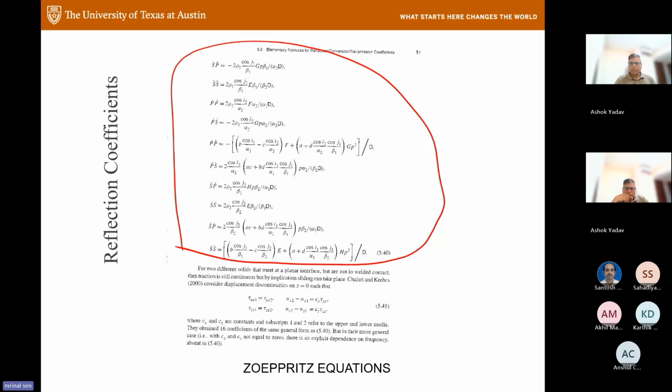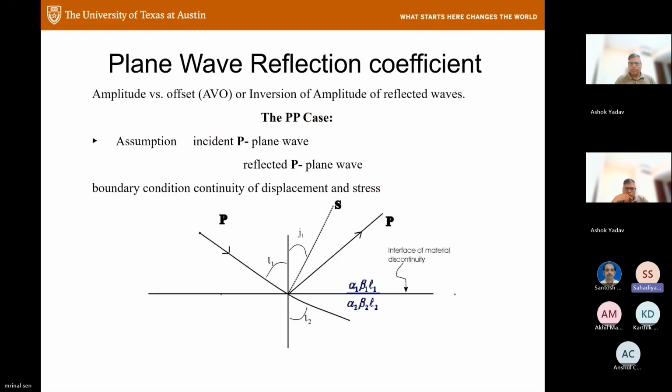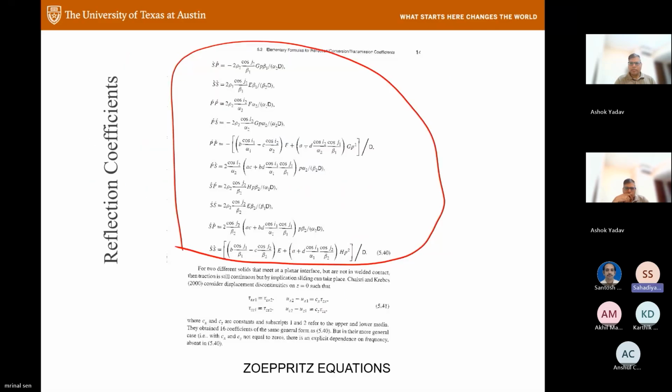So this is not as complicated as it looks. It's kind of easy to program. This is Zoeppritz's equation. And almost every company, every academic institute has these codes for computing reflection coefficients. These are what we call exact reflection coefficients.